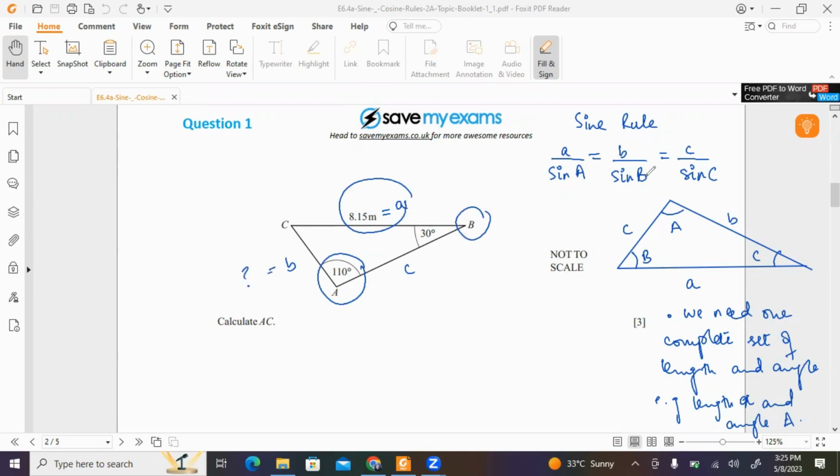So we can easily use the sine rule over here and say 8.15 over sine of 110 equals b, or AC. Let's go with AC, so AC over sine of 30. Cross multiply so that all the known values are on one side and the unknown is on the other side.